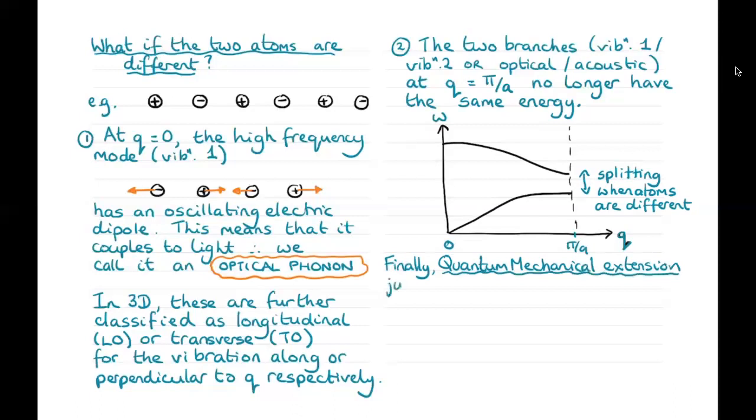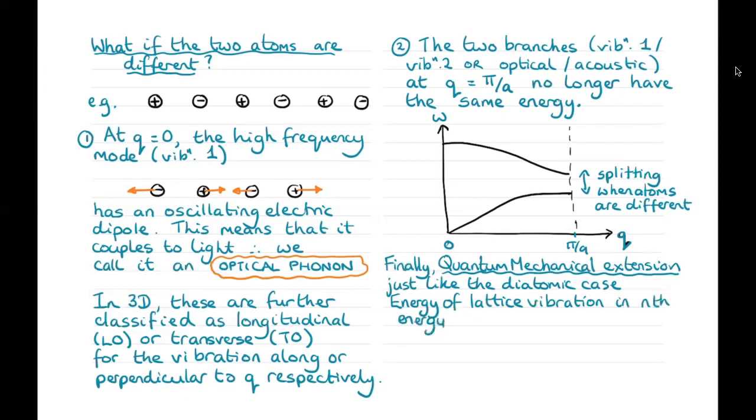Which is just like the diatomic case, in that the energy of the lattice vibration in the nth energy level is given by E sub n, which is n plus a half h bar omega. But now our omega is q dependent.